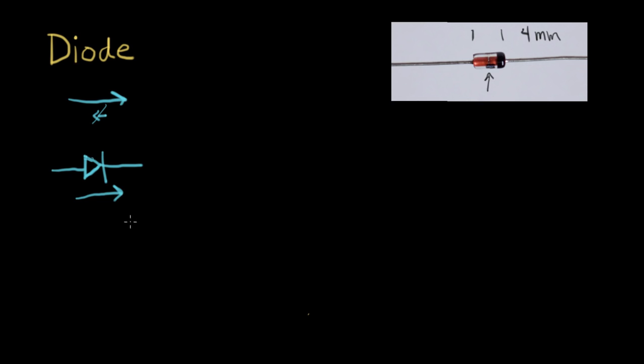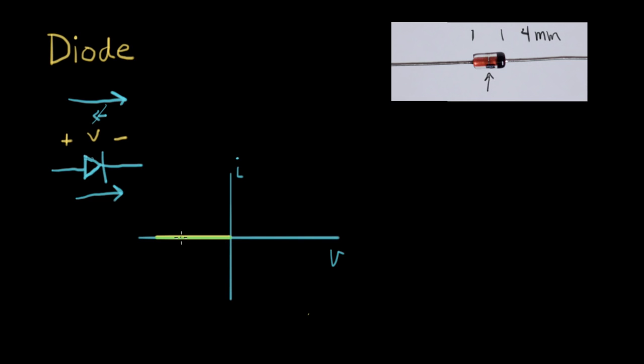Now, one way to understand how a diode works is to draw an IV curve for it. So let's draw an IV curve for a diode. If it was a perfect diode made in some unknown technology, what would happen is in the reverse direction, we'll label the voltage this way.